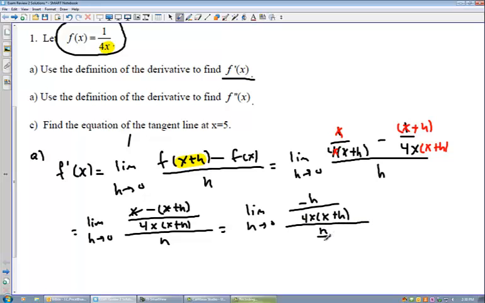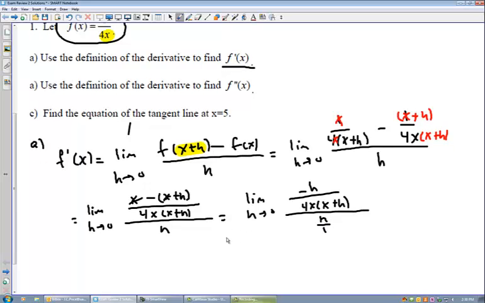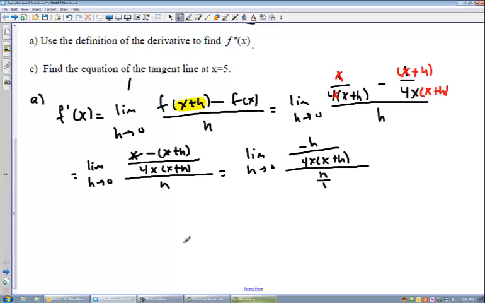And remember, when you divide by h, it's really h over 1, so when you divide by a fraction, it's the same as multiplying by the reciprocal. So I can then rewrite this as being equal to the limit. Notice the limit's still there. I have not evaluated the limit, so I do not drop it off.